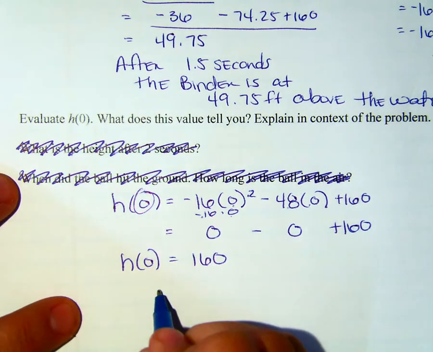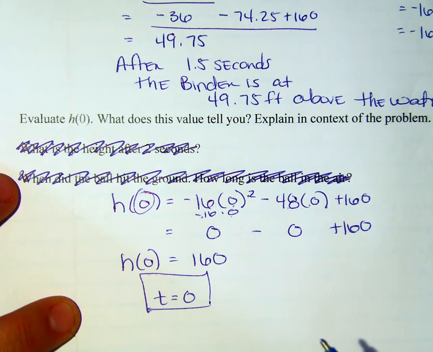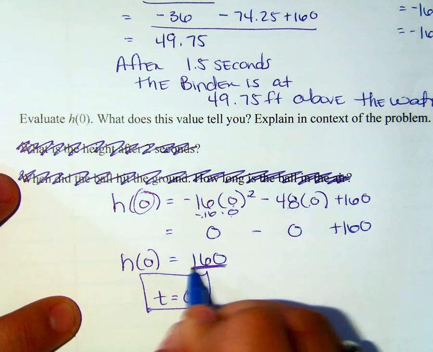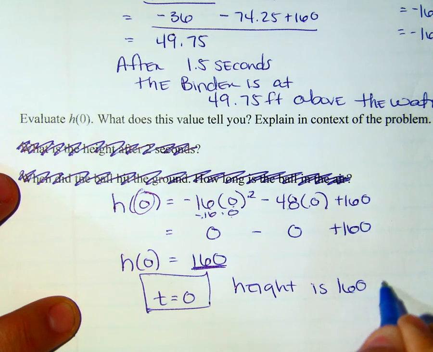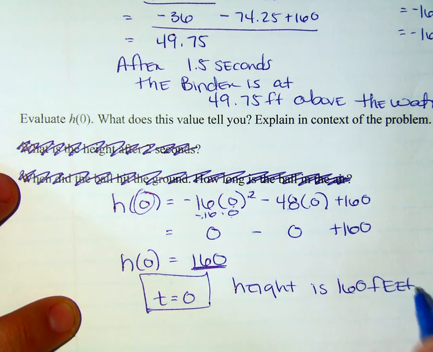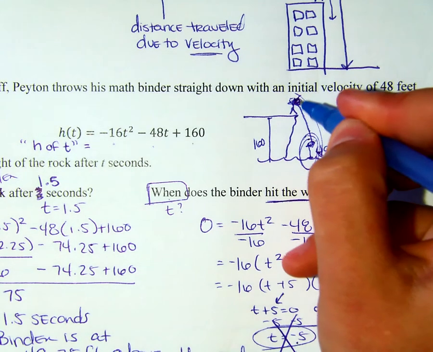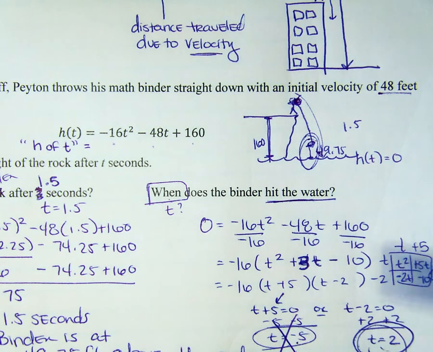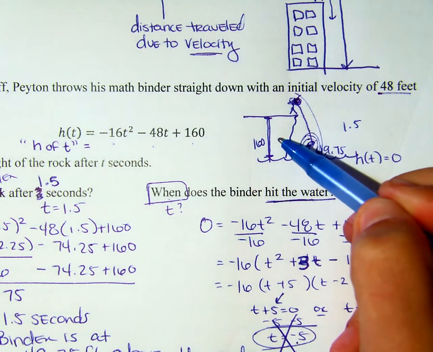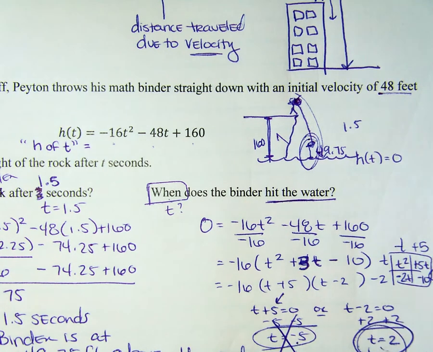So this was t. So after 0 seconds, the height is 160 feet. Which makes sense because at 0 seconds, the rock is still in his hand, which is 160 feet above the water. So what I really want you to conclude is that at 0 seconds, the rock is still in his hand. That's 160 feet above the water.